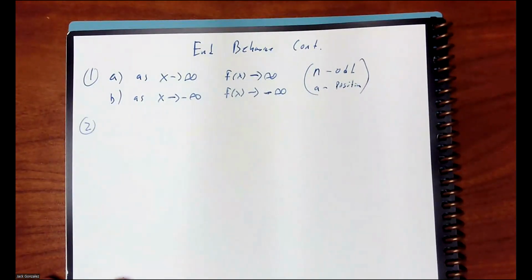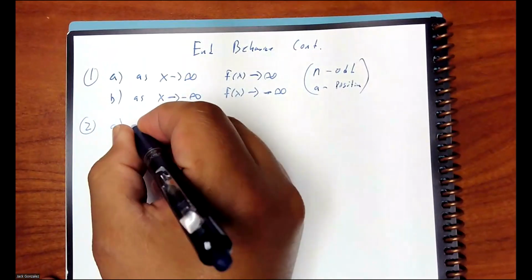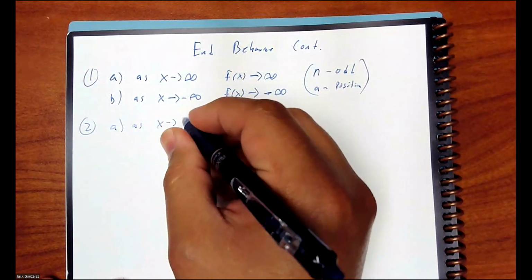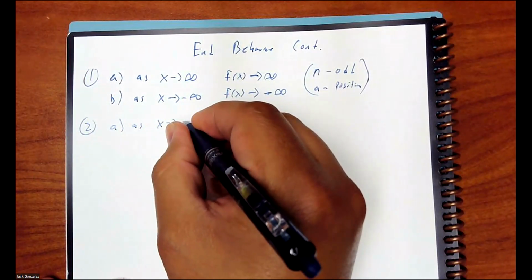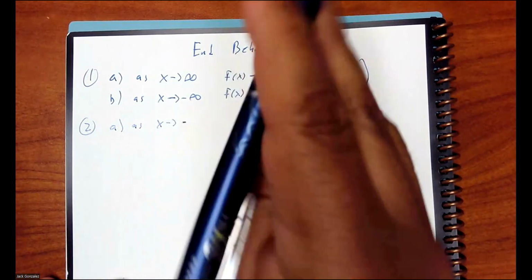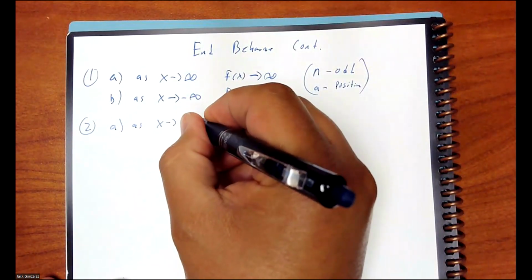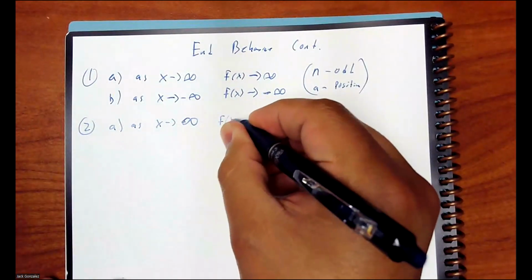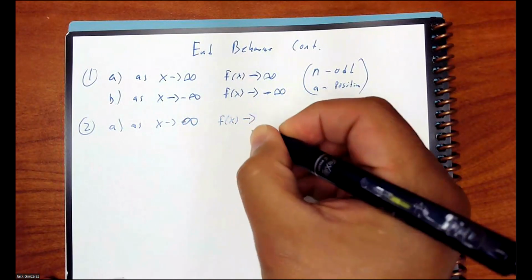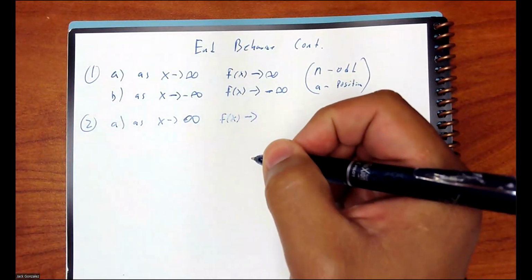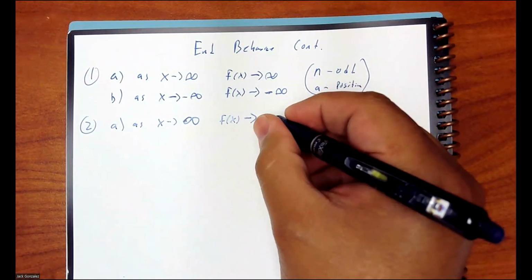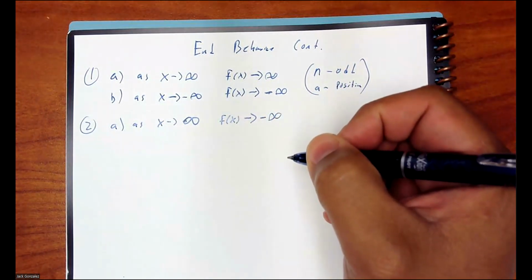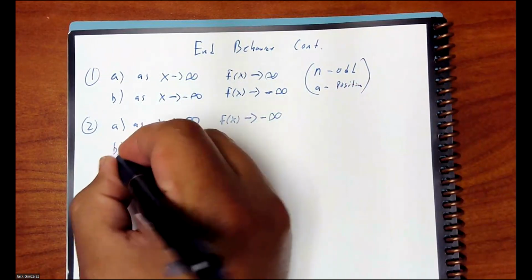Number two. As x goes to negative infinity, f goes to negative infinity. So just the opposite.